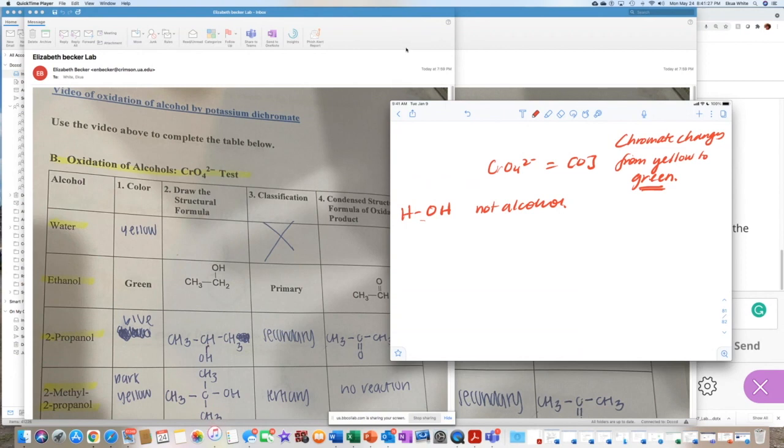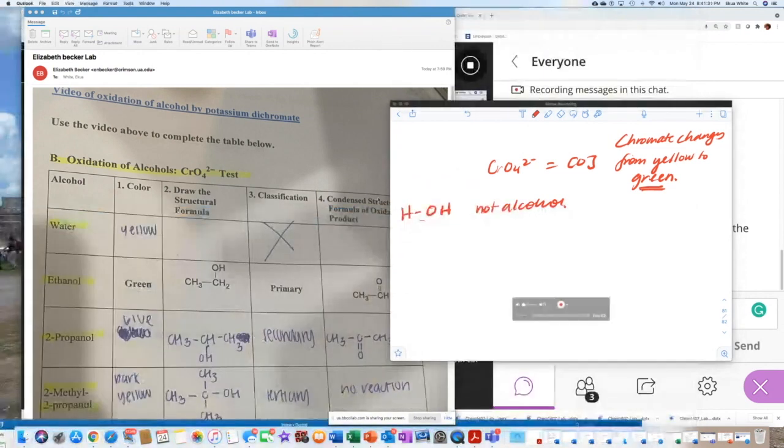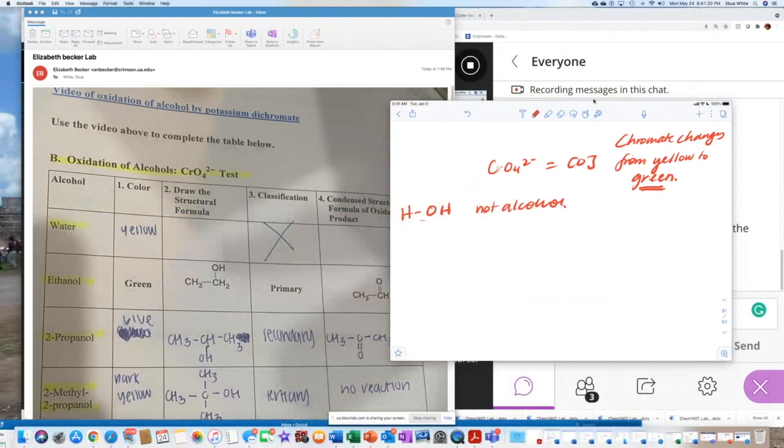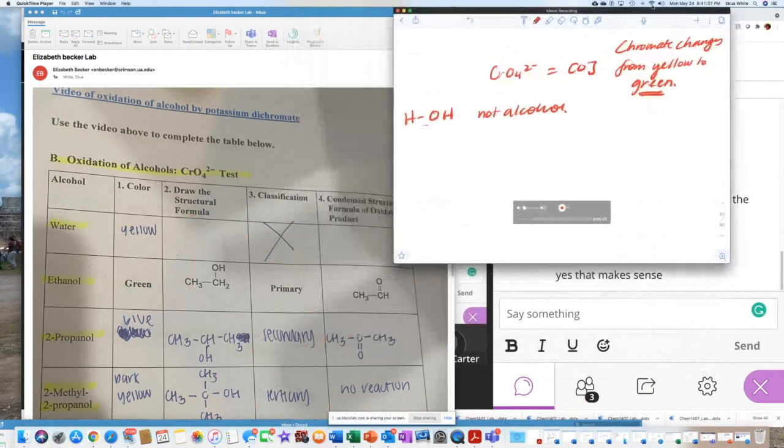Okay, so hopefully that makes sense, right? Changes from yellow to green, you know oxidation took place. So, in other words, if you take the water and you add chromate to it, I'm going to just use a symbol that means the chromate, right? And you oxidize this. What color do we see?